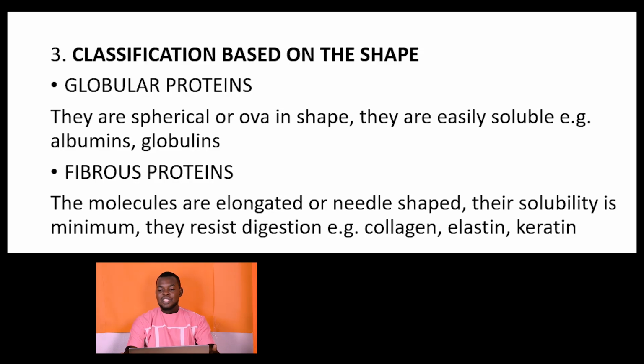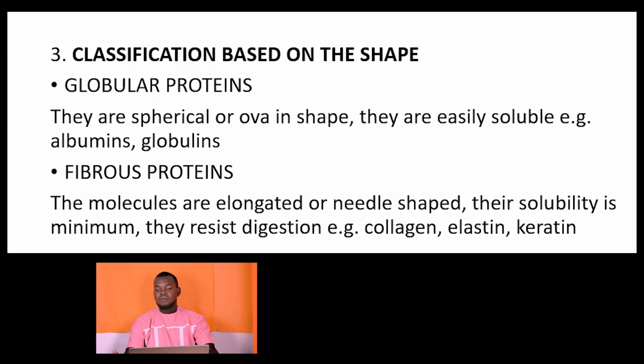Now, the next classification of proteins is the classification of proteins based on their shape. Based on their shape, we have the globular proteins, which are easily soluble. Examples of globular proteins are albumin and the globulins, which were explained earlier.